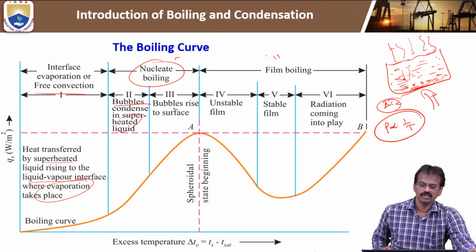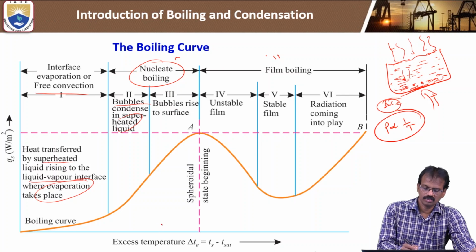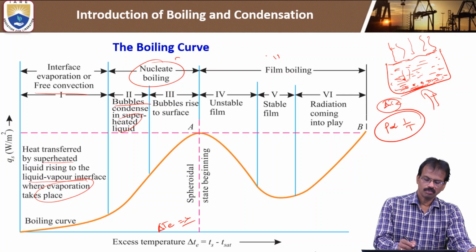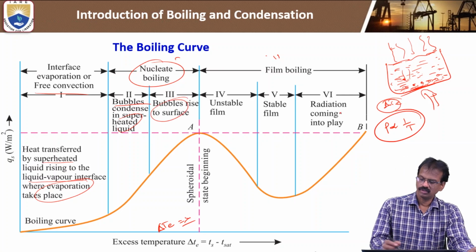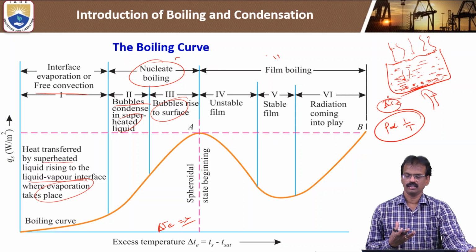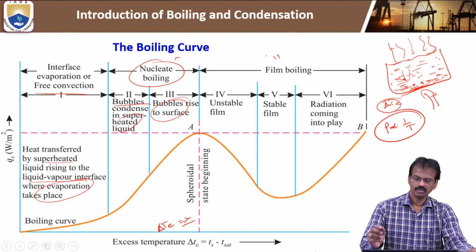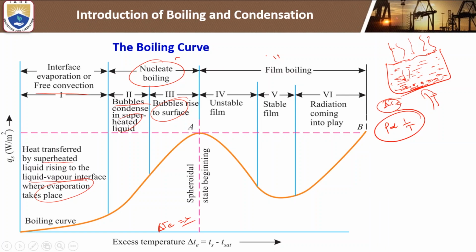And the second one is when the excess temperature increases again. The bubbles rise to the surface and bubble formation increases rapidly, so more bubbles will be formed. These bubbles come upward and are converted into vapor.